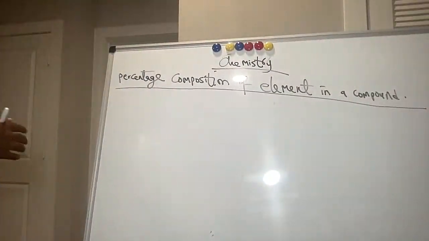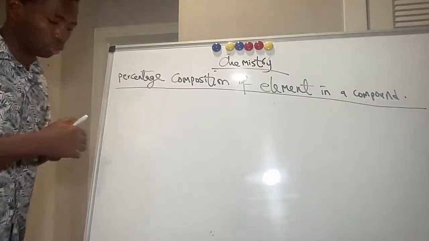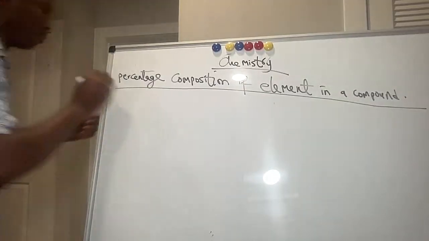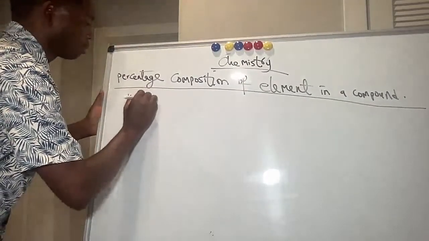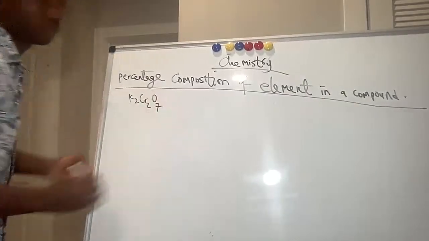So let's proceed. Calculate the percent composition of potassium in this compound, potassium heptaoxodichromate(VI).